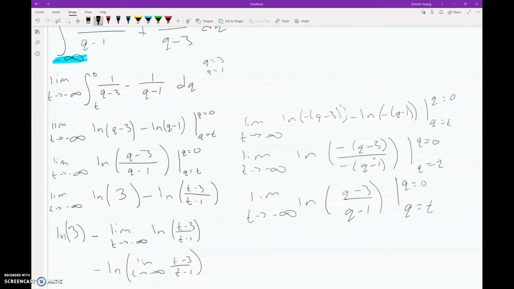So we can see that it didn't really matter in the end, but in general, you really should keep in mind that we're integrating from negative infinity to 0, so we should make sure that when we're taking the absolute value inside the natural log, we worry about whether it's the positive version or the negative version of the argument.